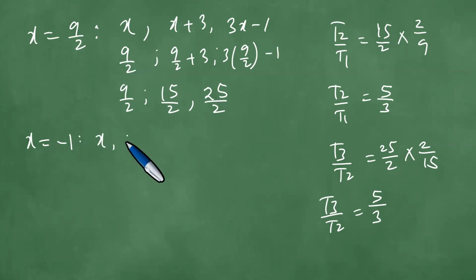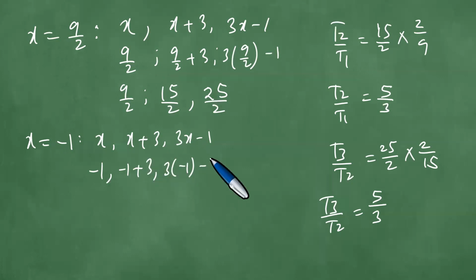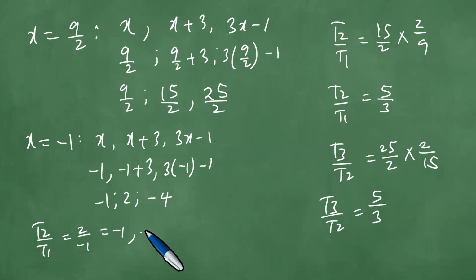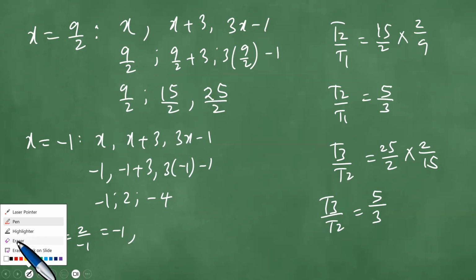But let us check now also when x equals minus 1. So you have x plus 3, and then you have 3x minus 1. When you put in minus 1, it becomes minus 1 plus 3, which is 2, and then 3 times minus 1 minus 1, which is minus 4. Right, if you divide, T2 over T1, T2 is 2 over T1, which is minus 1, giving minus 2.